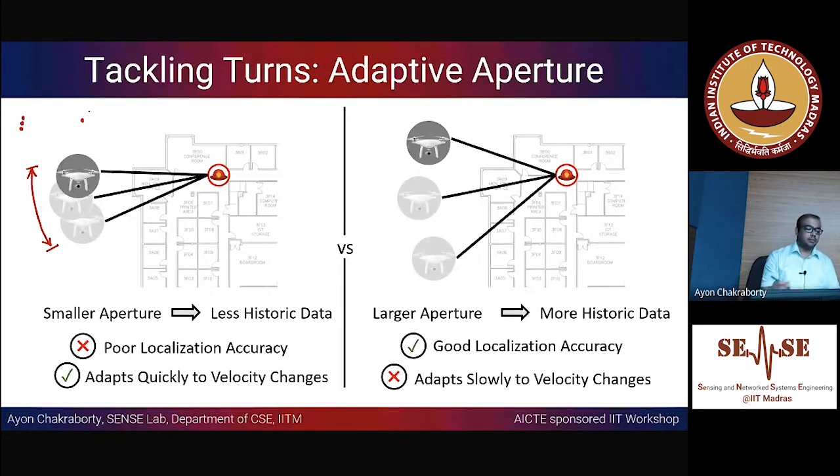So if you have a small aperture, small window, this is going to result in a very poor GDOP, which basically means poor location accuracy.